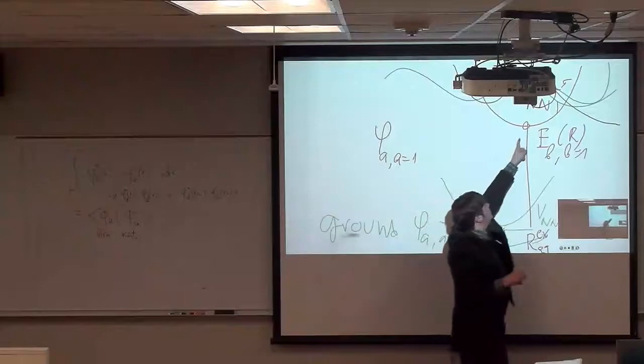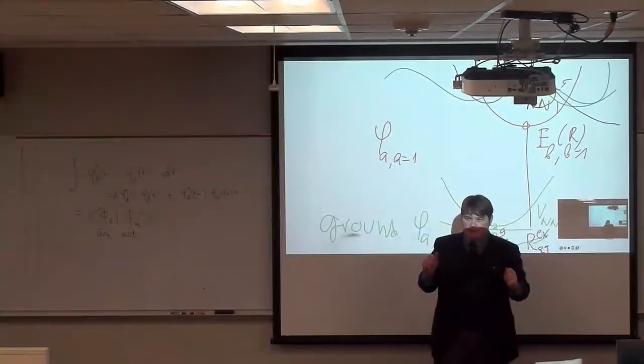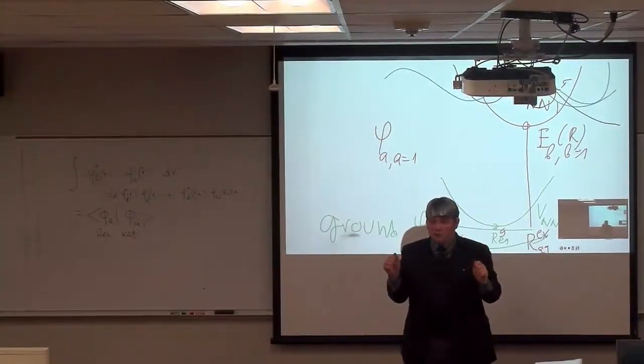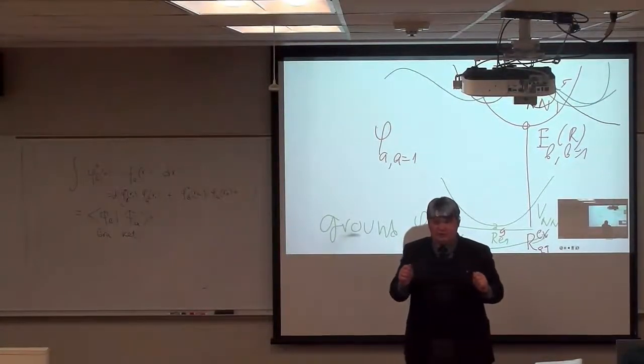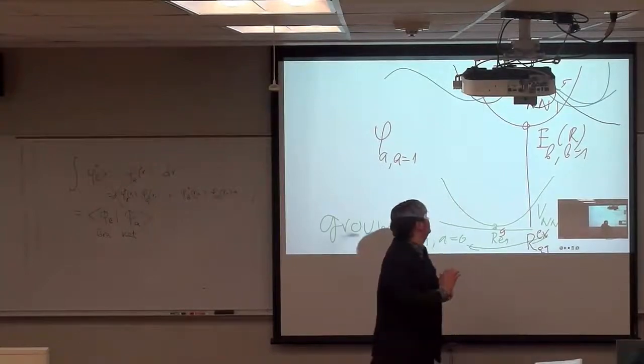Simplest one, the equilibrium position may change, which means equilibrium bond length often depends on electronic state. If you excite it, it expands or sometimes contracts. Okay? That's the simplest one, if the molecule stays intact.